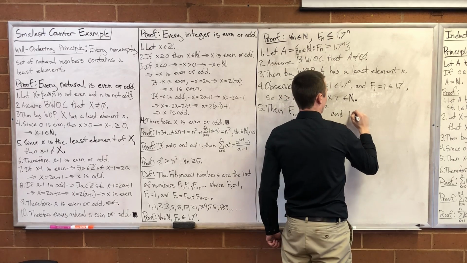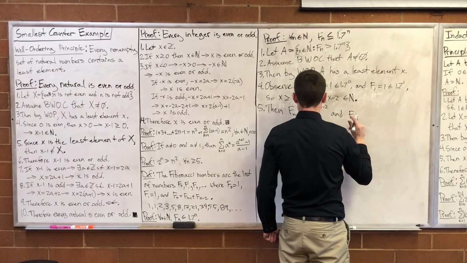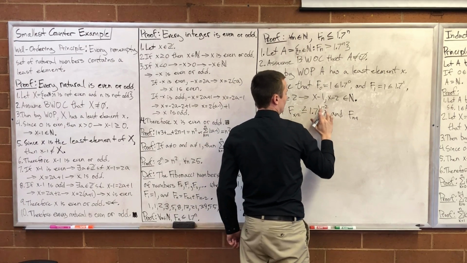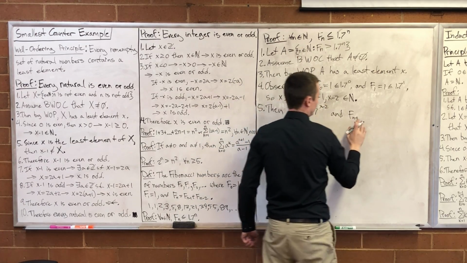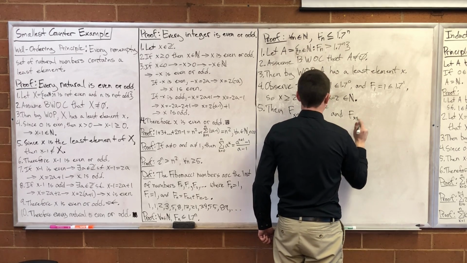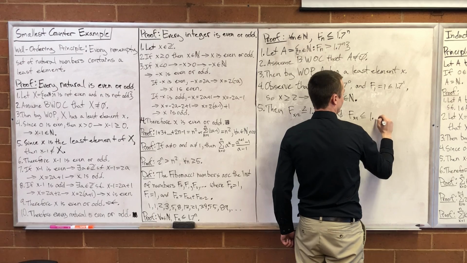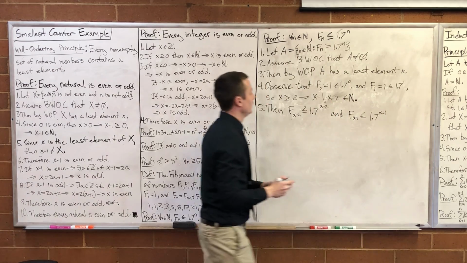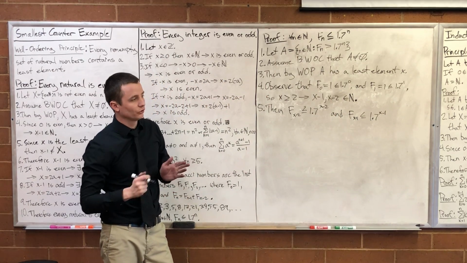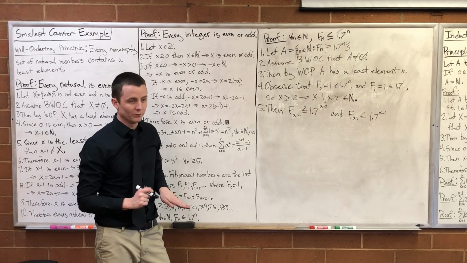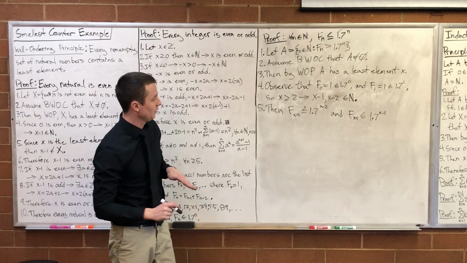And f of x minus 1 is less than or equal to 1.7 to the x minus 1. Right? X minus 1 and x minus 2 are natural numbers, and they're smaller than the smallest thing that makes the statement false. Therefore, they make the statement true.